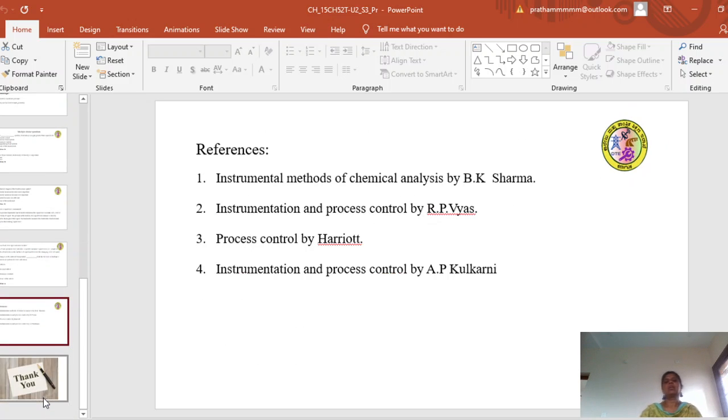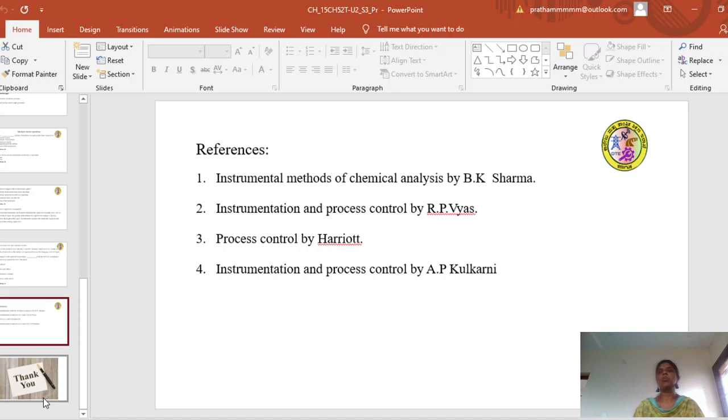So I hope you have understood from this session. Learn thoroughly about the float type level indicator and the hydraulic transmission system, which is very important for the exam. So how exactly level can be measured from distant places, you can adopt this principle.